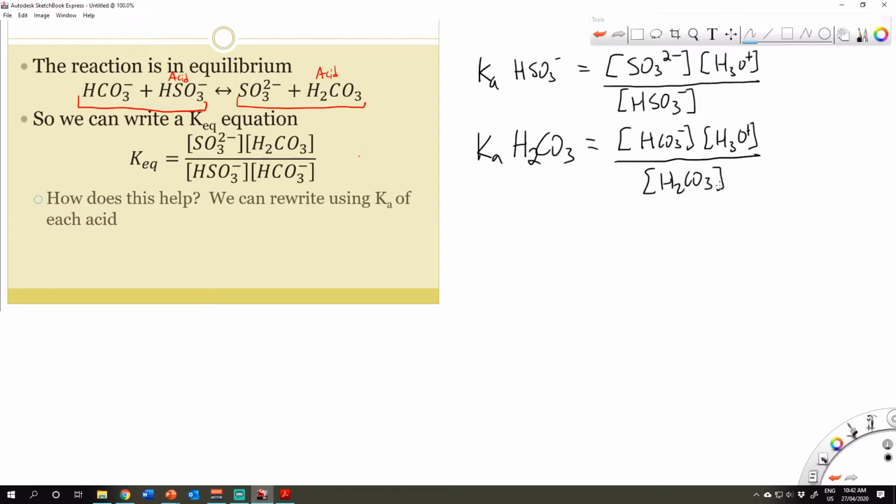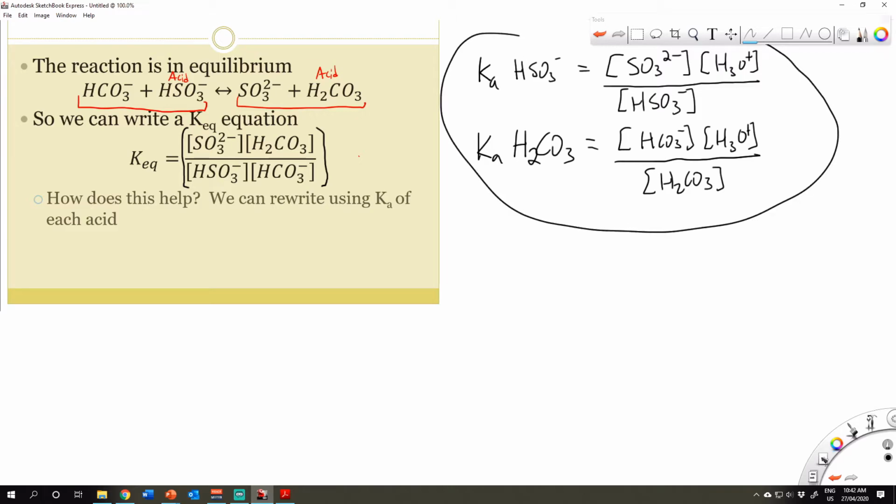So if I look at my KEQ equation here, and I look at these two equations here, they look kind of similar, because they all have SO3 2-, H2CO3, HSO3-, and HCO3-.